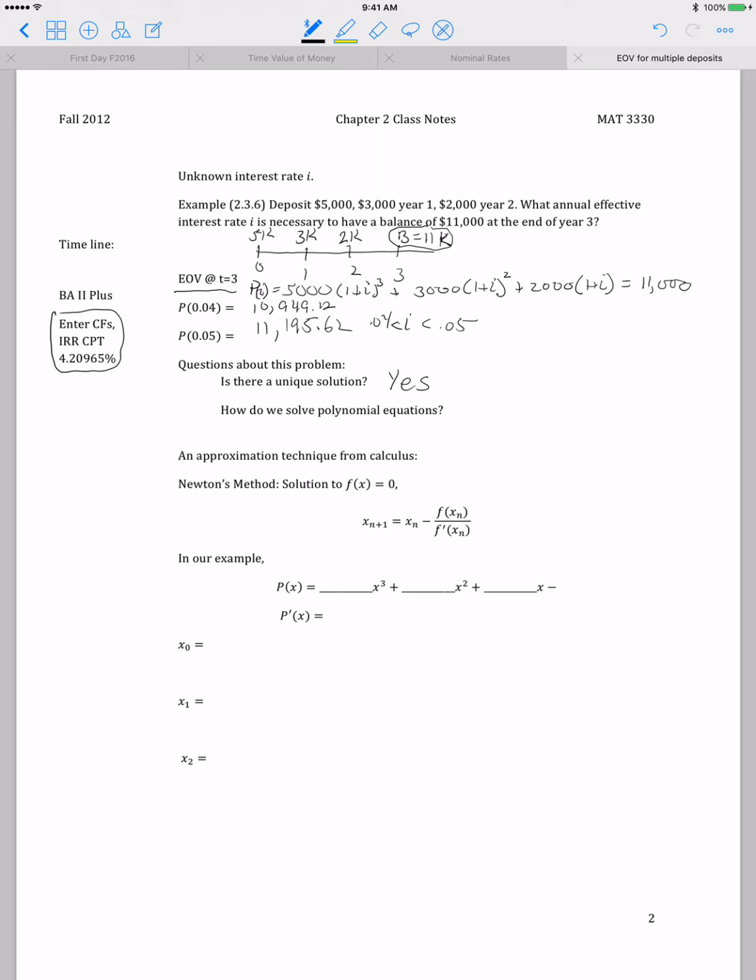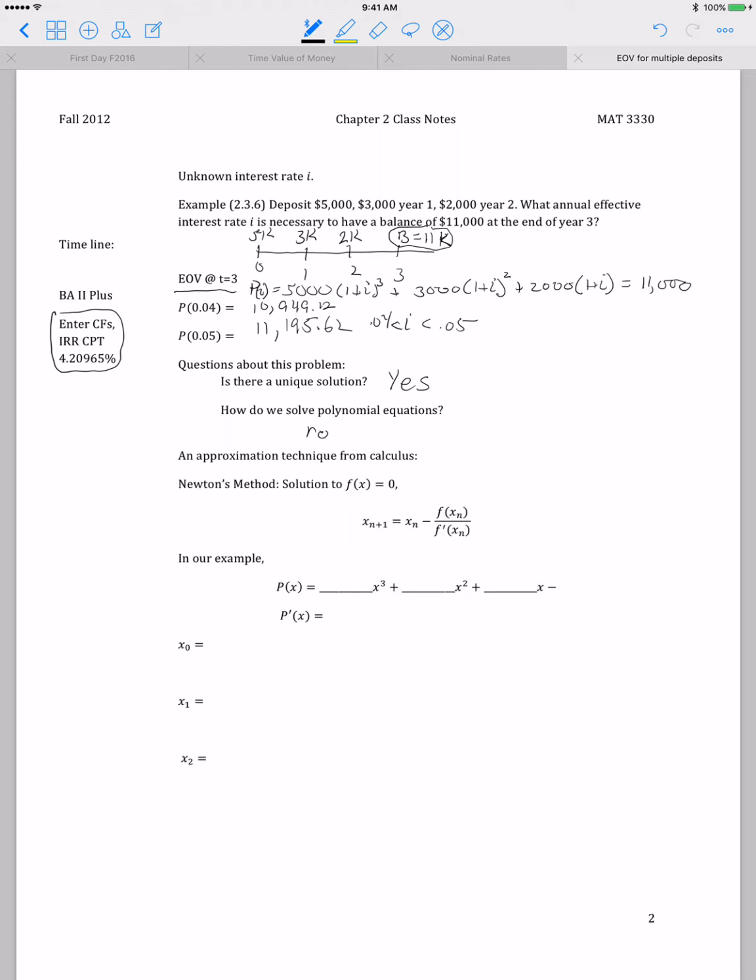Because potentially, since it's a cubic, we could have three solutions to a cubic equation. A cubic polynomial can cross the axis 3 different times. So if we have a unique solution, then that means the cubic polynomial in the equation only crosses the axis a single time.